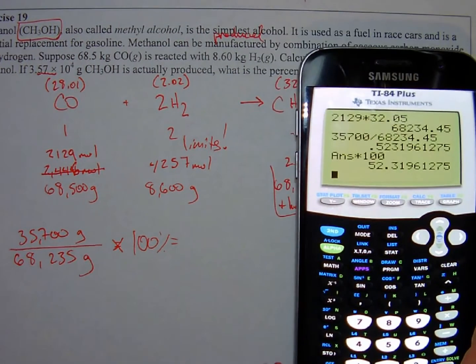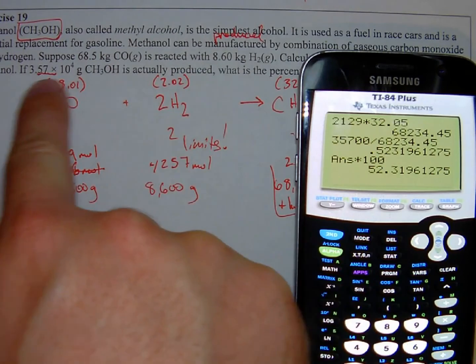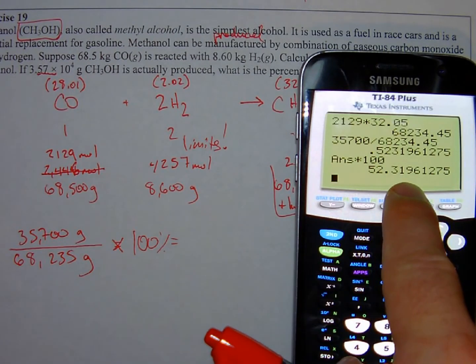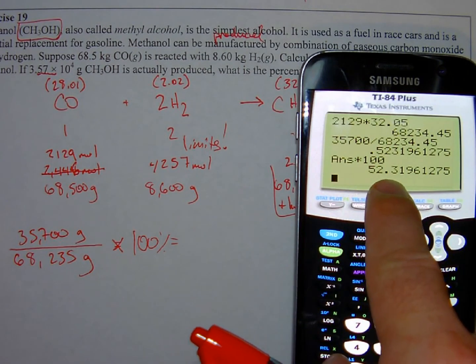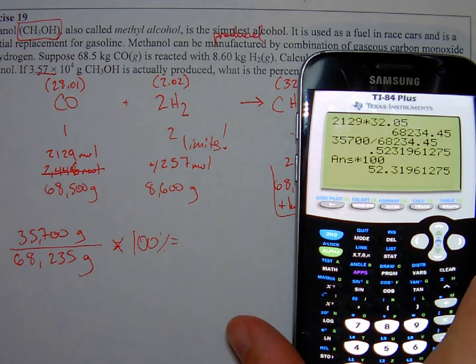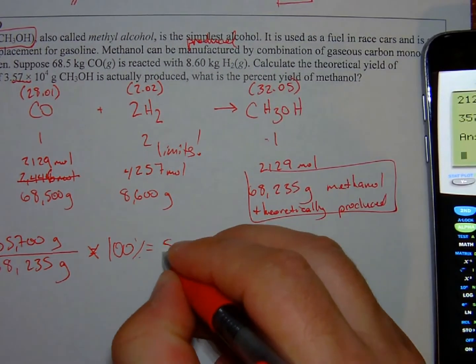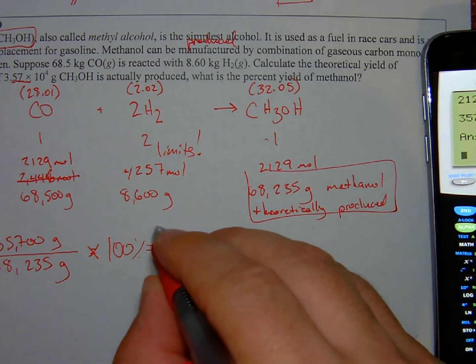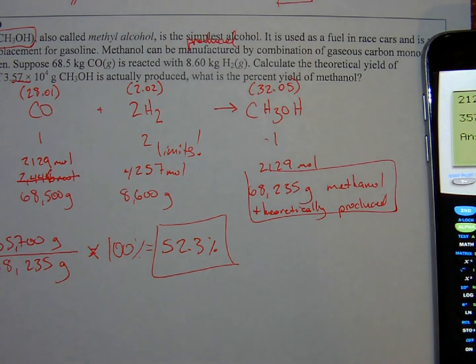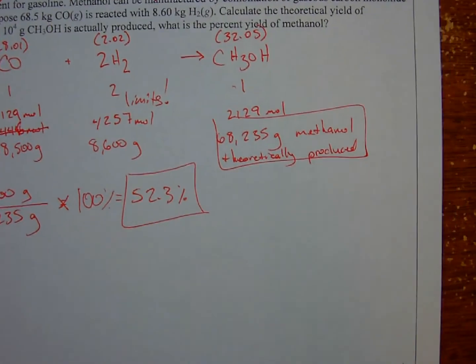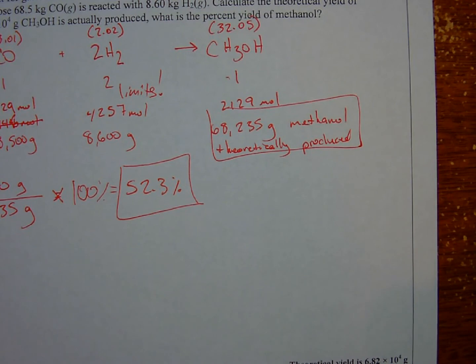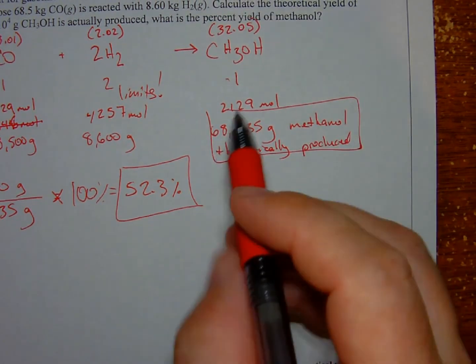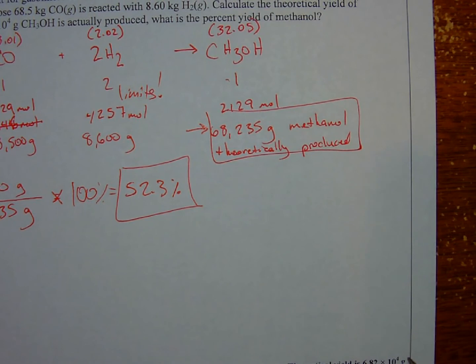So my answer, notice that we've been using 3 significant figures here, so I'm going to use 3 significant figures in my last answer. It's going to be 52.3%. Are we good with that? 52.3%. Does that jive with my answers? I reported this value in standard notation.